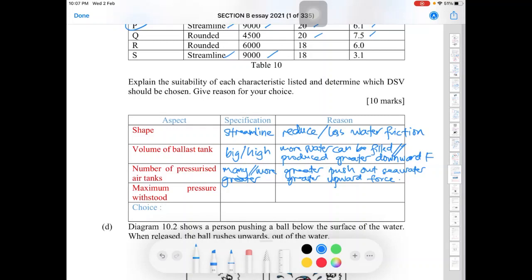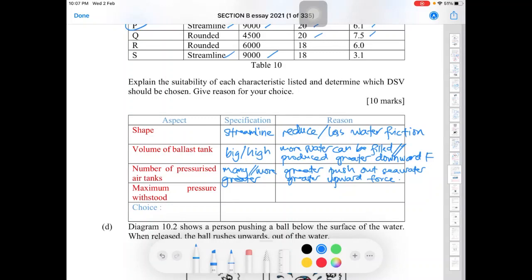Sebab tadi di atas soalan dia nak apa? Easy to immerse and submerge inside the sea water. So these are the points to make it easier to submerge and easier to immerse.